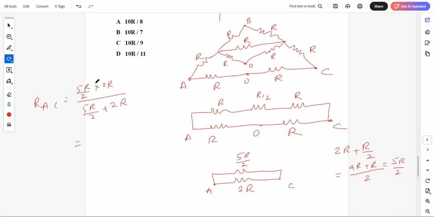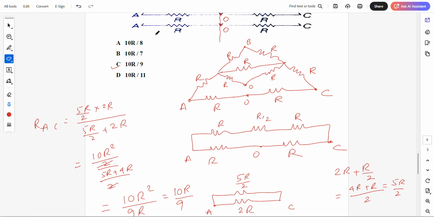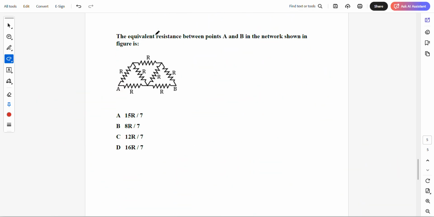It becomes 10R square by 2, divided by 5R plus 4 over 2, taking the LCM. Okay, so it will be 10R square by 9R, that is 10R by 9. 10R by 9 is the right answer. That is the equivalent resistance between A and C.